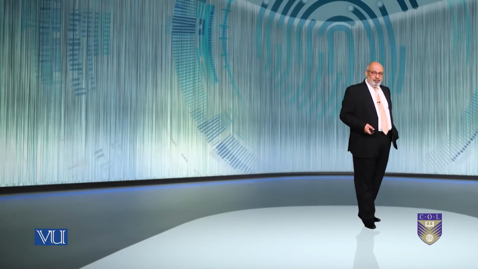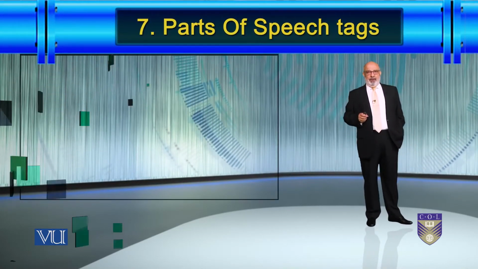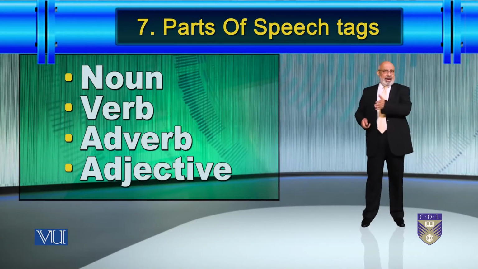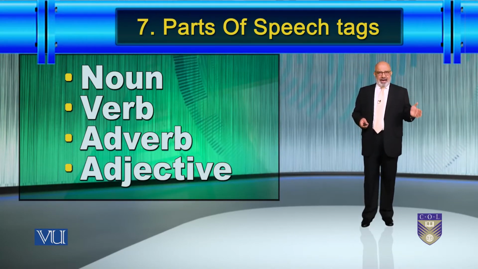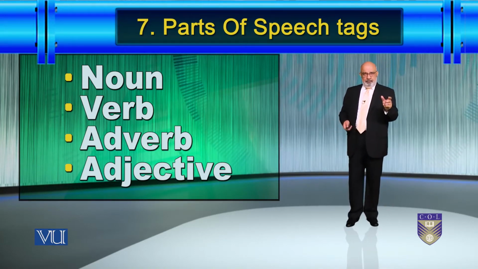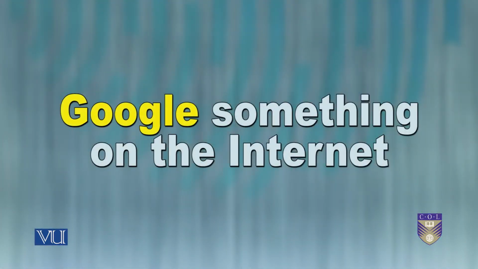Step 7 out of the 9, parts of speech tags. They include the noun, verb, adverbs, and adjectives. These are the parts of speech tags. So, Google something on the internet. In the example, Google is now being used as a verb, although it is a proper noun.